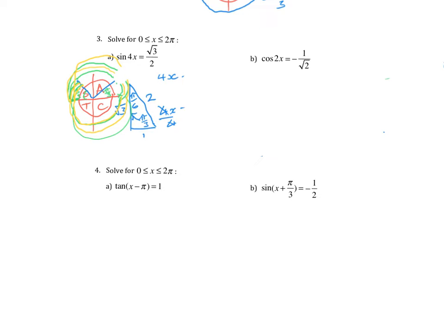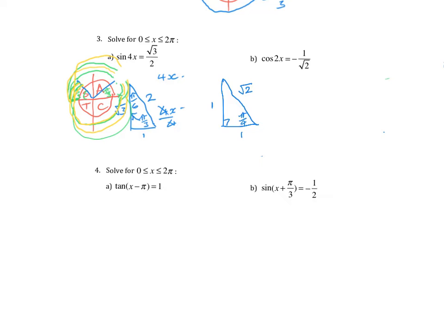So let's think about what triangle will be helpful here. It'll be the one with pi on 4 in it, because the hypotenuse of that one is root 2. So pi on 4, 1, root 2.